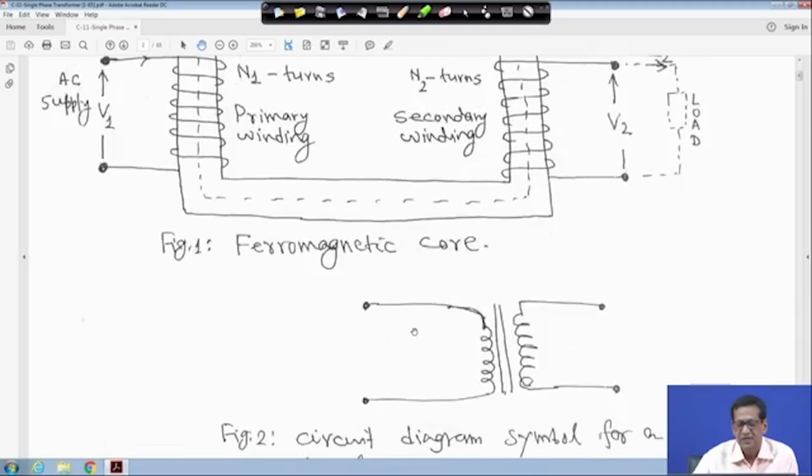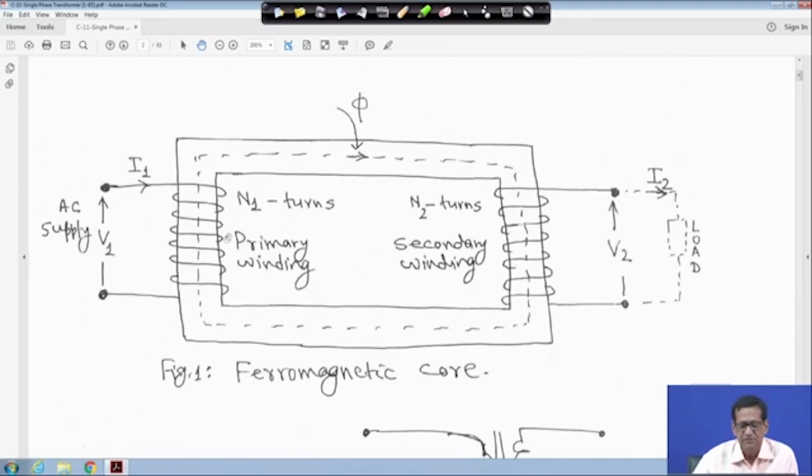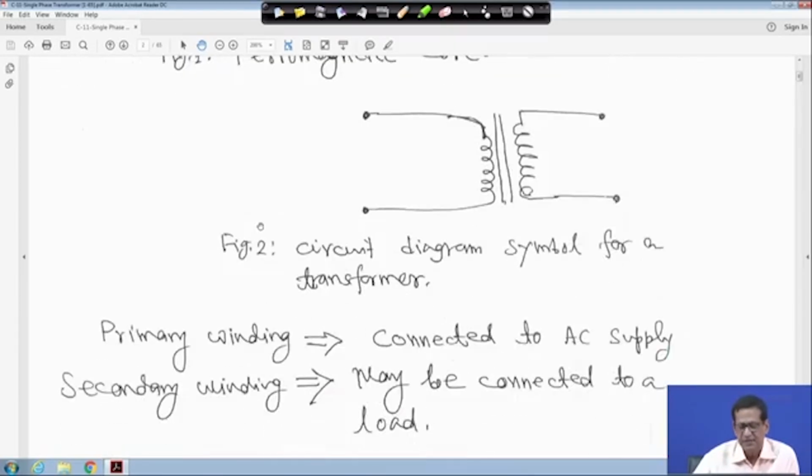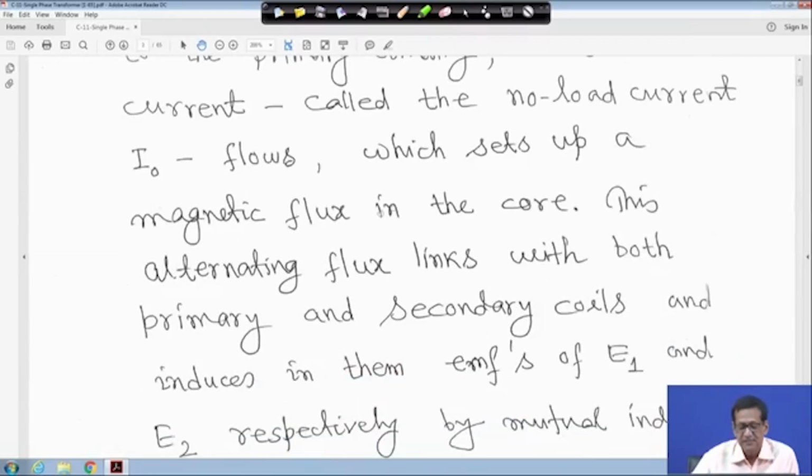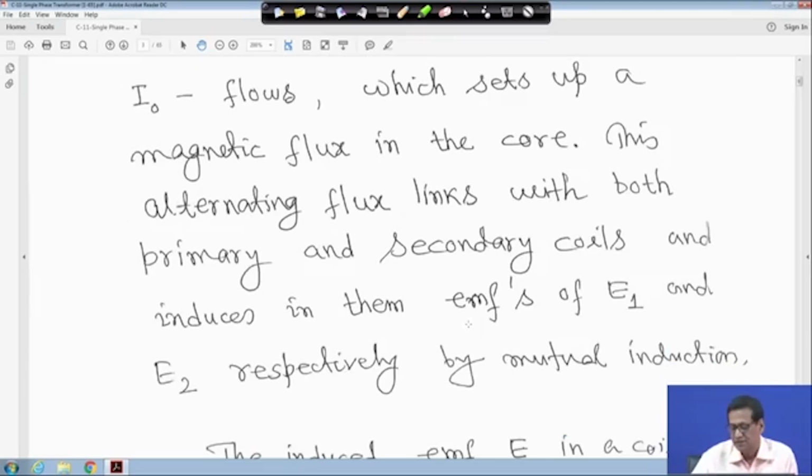Here it is primary side, so we put V1 voltage and I1 current, but at no load, I1 is equal to I0, which sets up a magnetic flux in the core. This alternating flux links with both primary and secondary coils, and induces in them EMFs E1 and E2 respectively by mutual induction.